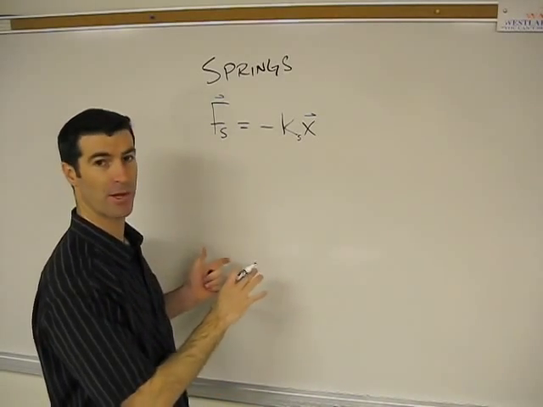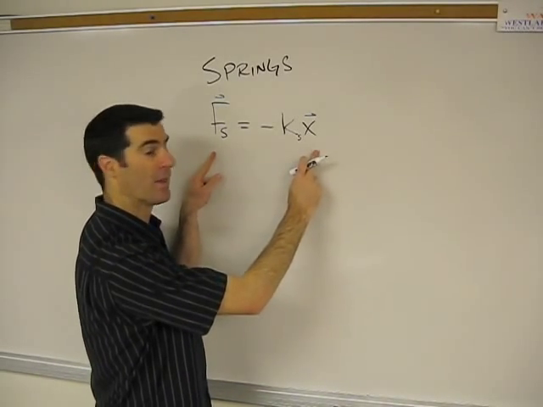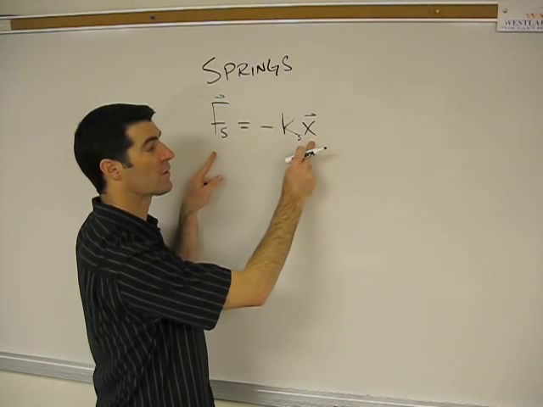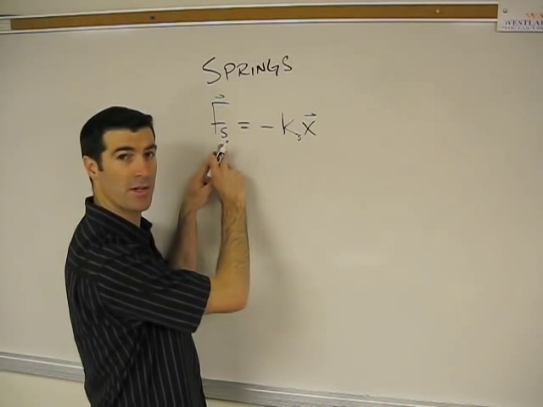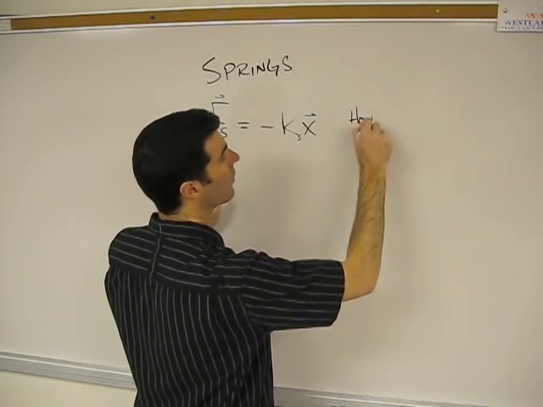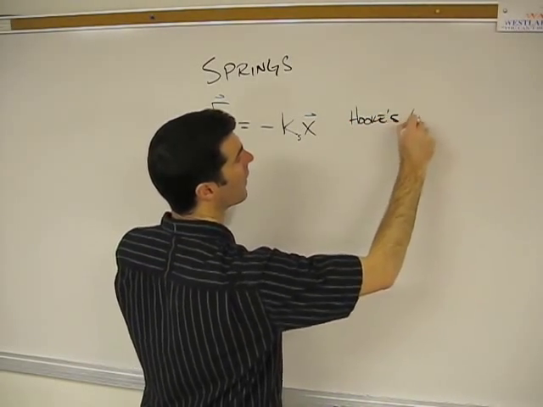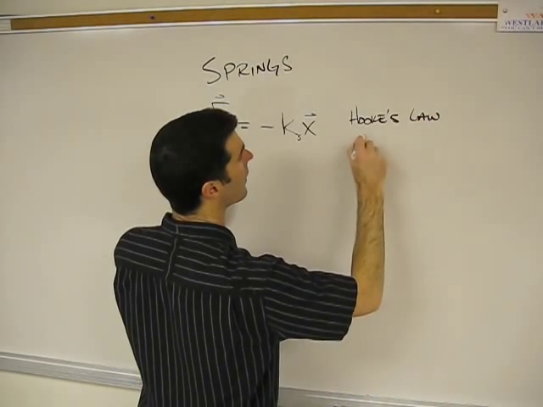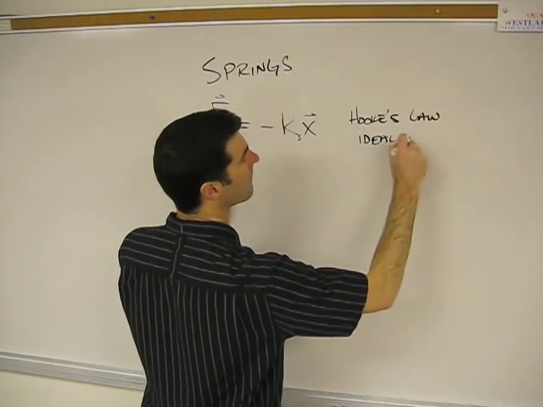Now, for an ideal spring, it obeys this law, that the stretch is proportional to the force. And if it is, we say that's a Hooke's law spring, also known as an ideal spring.